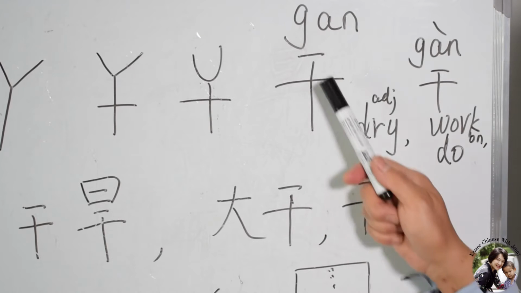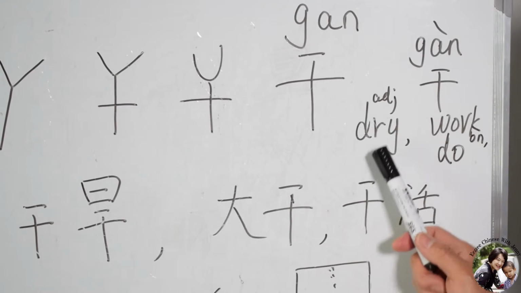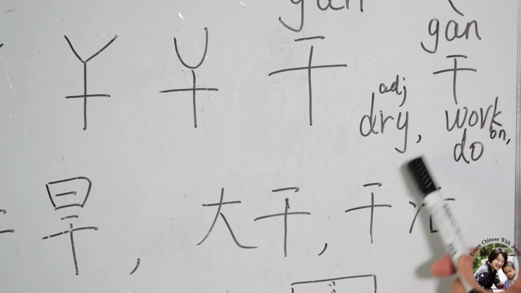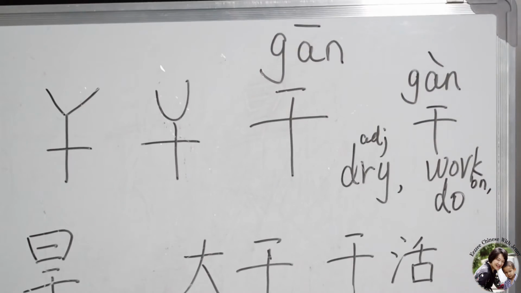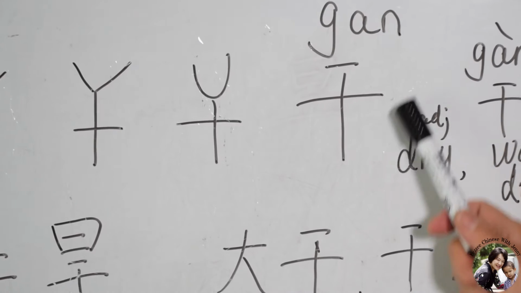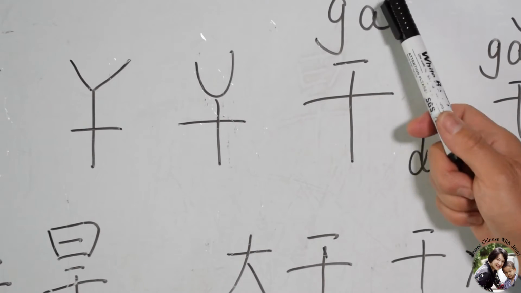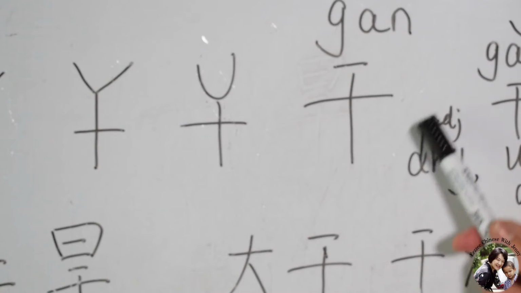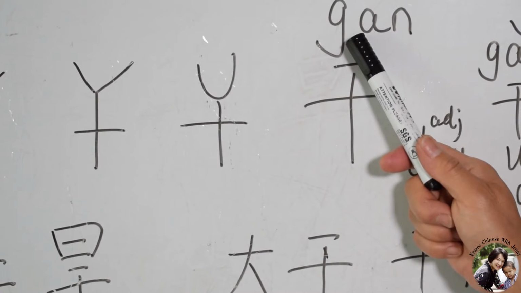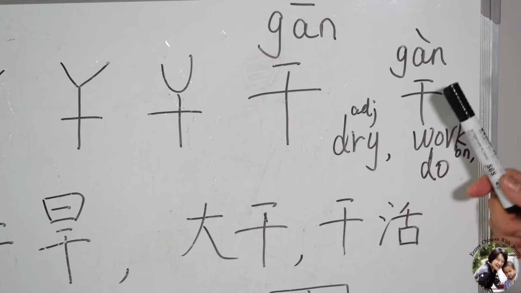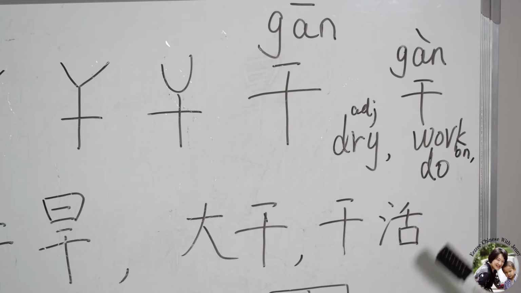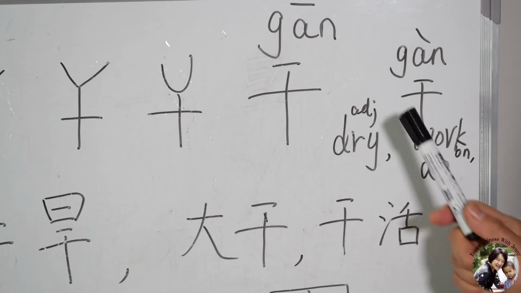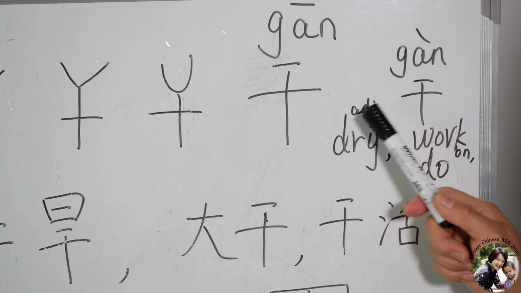This means dry. When it is used as an adjective, it means dry, and the pronunciation is gan, first tone. It also can be a verb, meaning do something, work on something, but the pronunciation is different from the adjective.